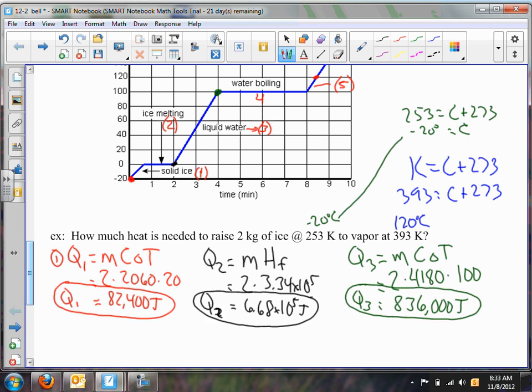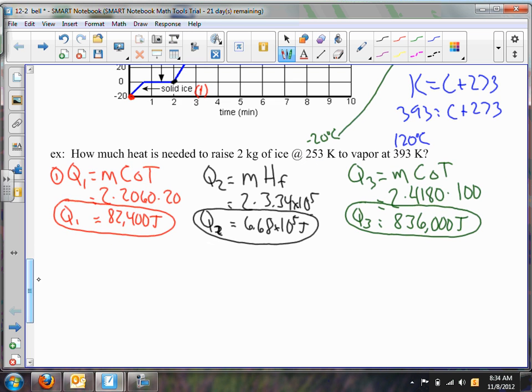At this point, we just need to change it from liquid water at 100 to steam at 100. So that sounds like a change of state again. So Q4 is m times the heat of vaporization. The mass is still the same, doesn't matter what state it's in.